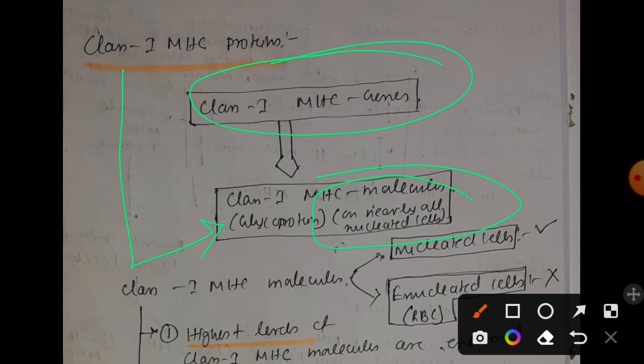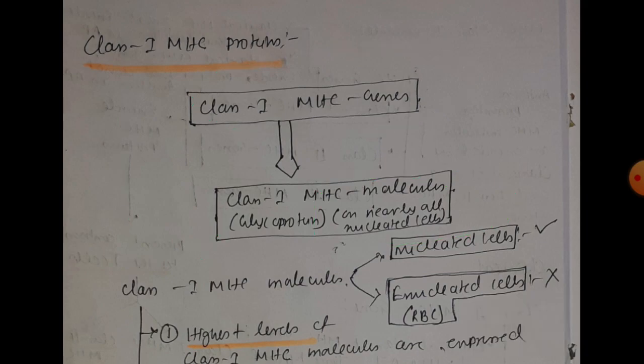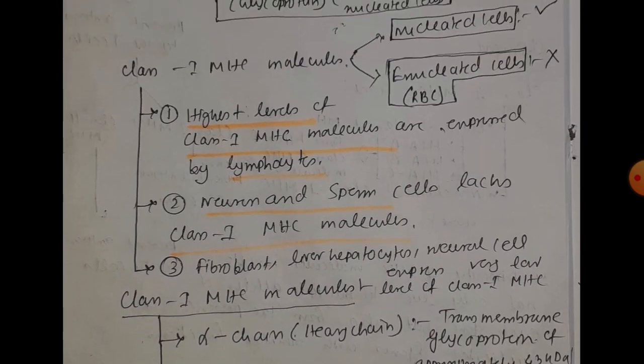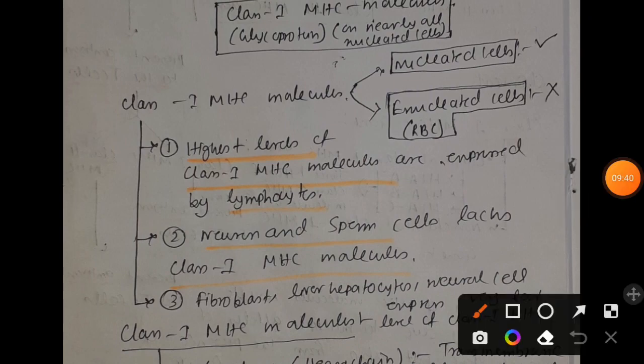We have talked about nucleated and anucleated cells in our complement system video too, right? I hope you have watched it. So class 1 MHC molecule is expressed in nucleated cells but not in anucleated cells. That means you will not get MHC molecule on the surface of RBC.